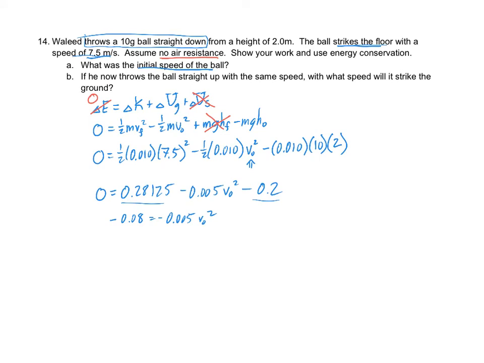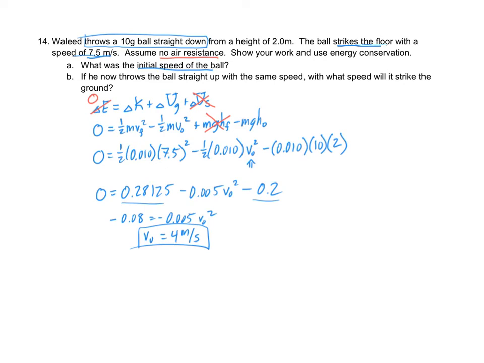And so we divide by that 0.005, and then we square root it, and we get an initial velocity of 4 meters per second. All right, so we got our speed there. That's the initial speed going down, 4 meters per second.